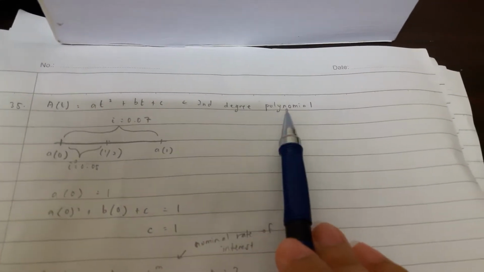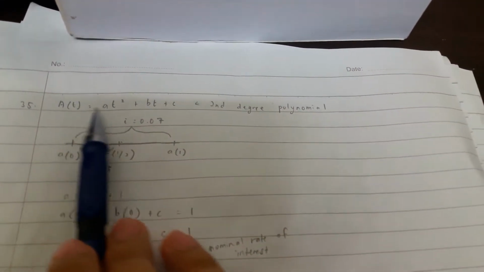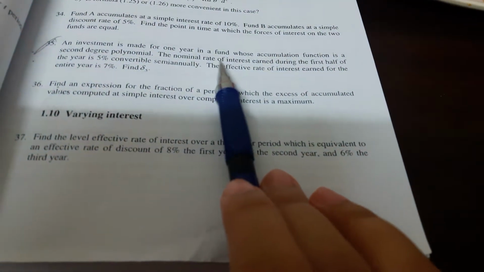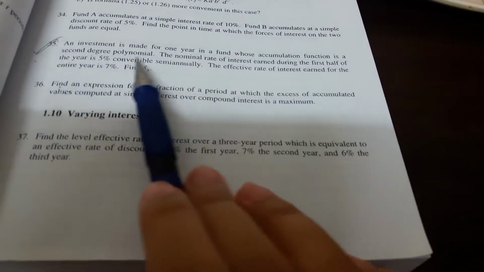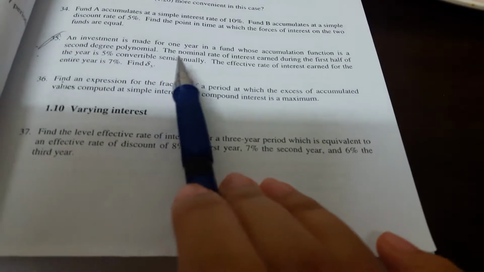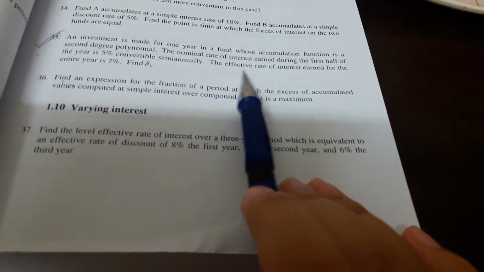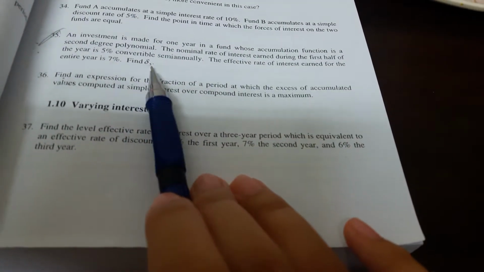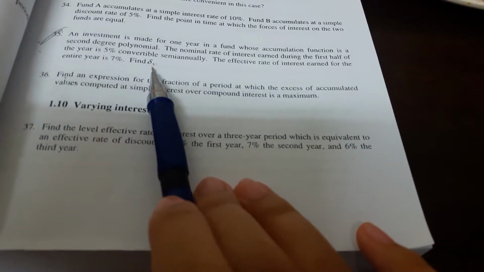This is the function, and you do the timeline, where the question says the nominal rate of interest earned during the first half of the year is 5% convertible semi-annually. The effective rate of interest earned for the entire year is 7%. Find delta 0.5.